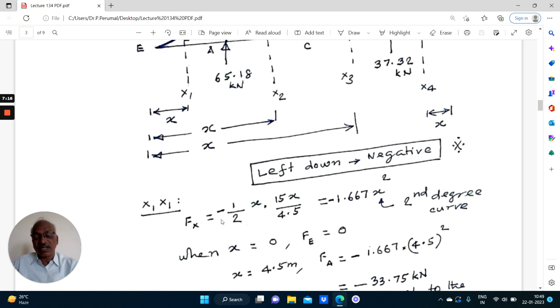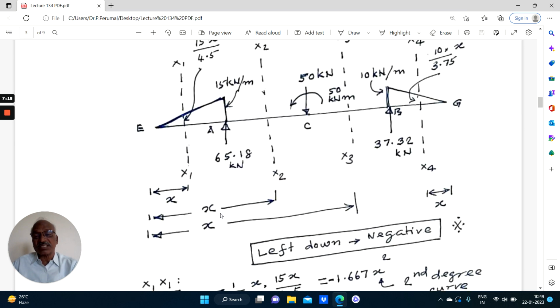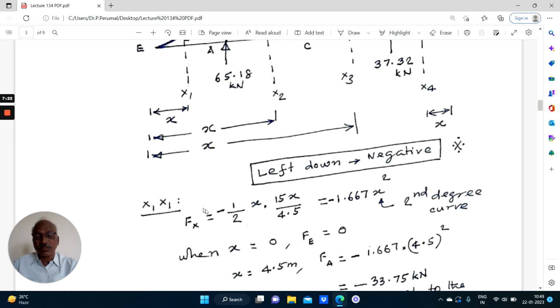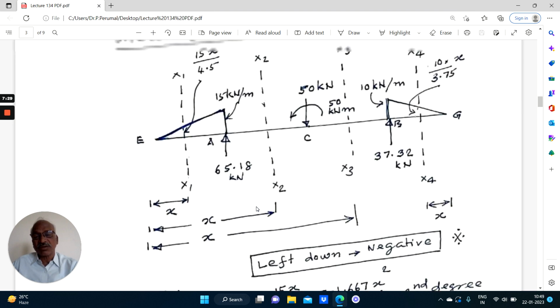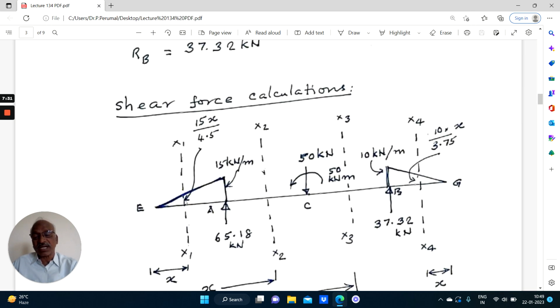then the sum of Fy equals minus, since left up is positive and this is left down, the left sign convention is important, minus the load, which is half into x into the ordinate at any section. For 4.5 meters the ordinate is 15, so what is the value for x?